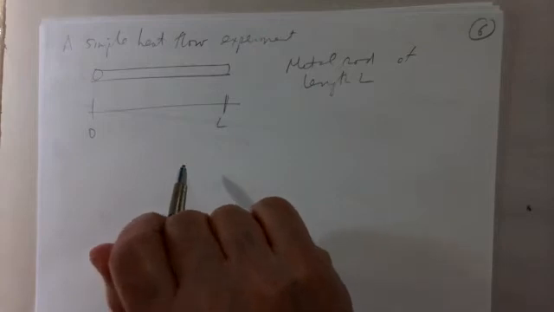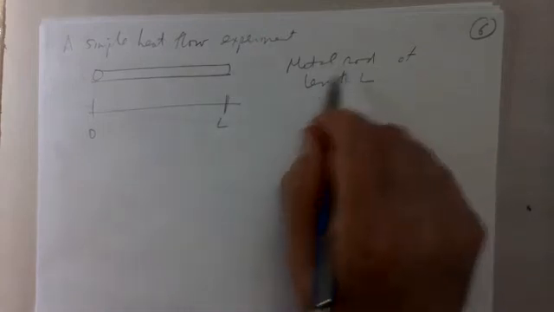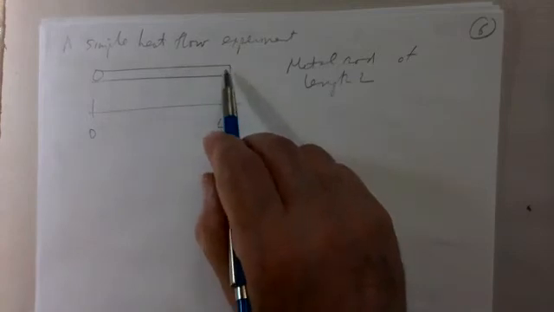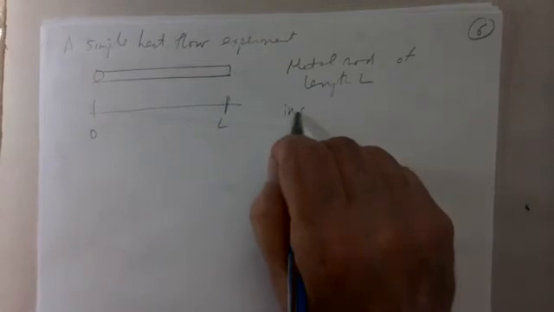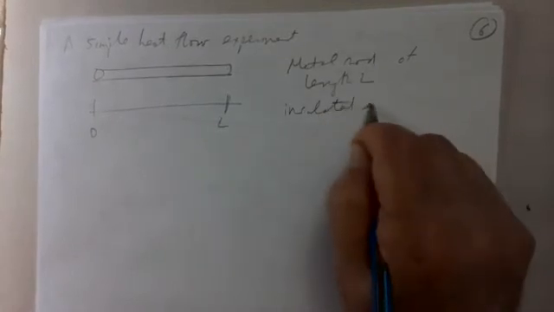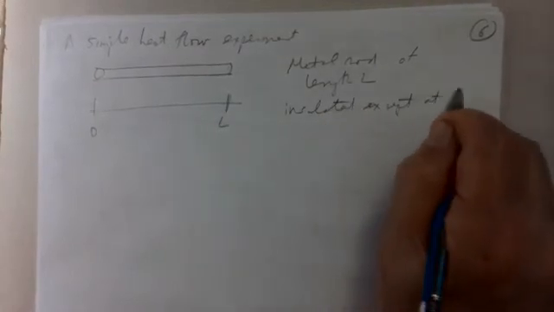And of some length, 0 to L. We start out with a metal rod of length L, and the ends aren't covered, but the rod is insulated except at the ends.